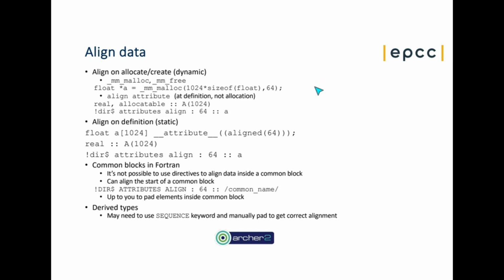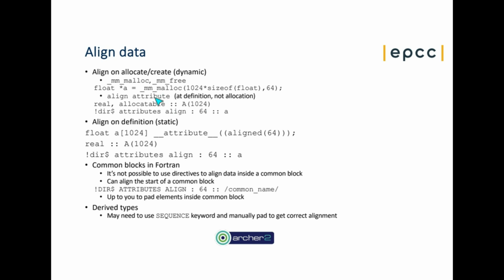So how do you align your data? Again, compiler dependent stuff. You can use special malloc calls, for example if you're doing dynamically allocated data in C, with an extra argument to tell it the alignment that you want.